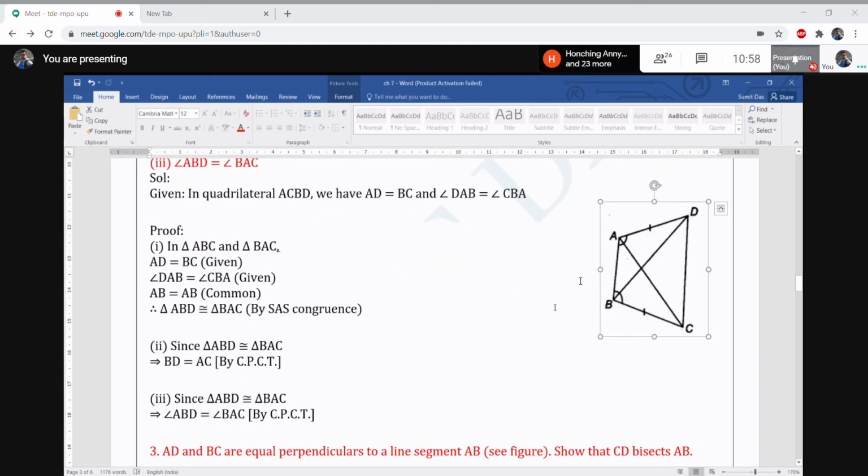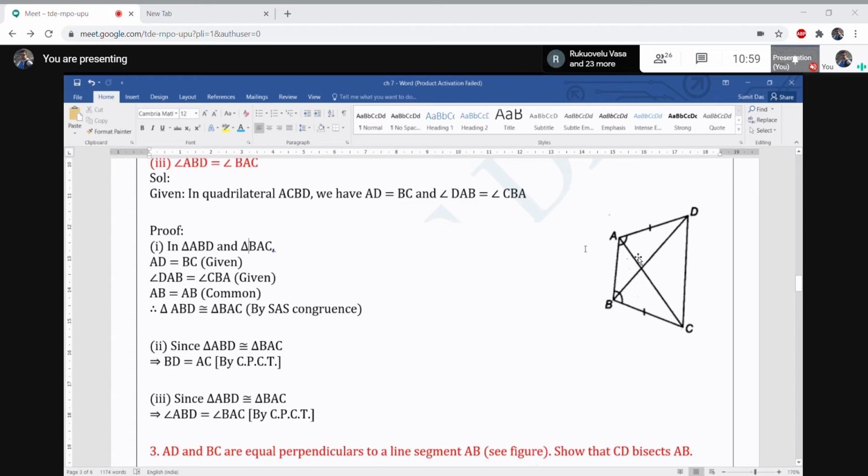Proof. In triangle ABC, check this triangle, and BAC, not BAC, triangle ABD, sorry, not ABC, triangle ABD. In triangle ABD and triangle BAC, AD and BC are equal.